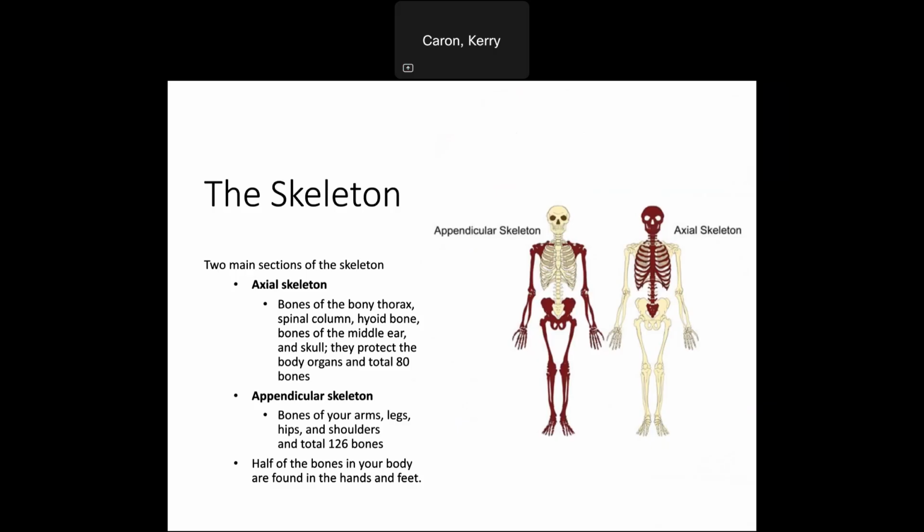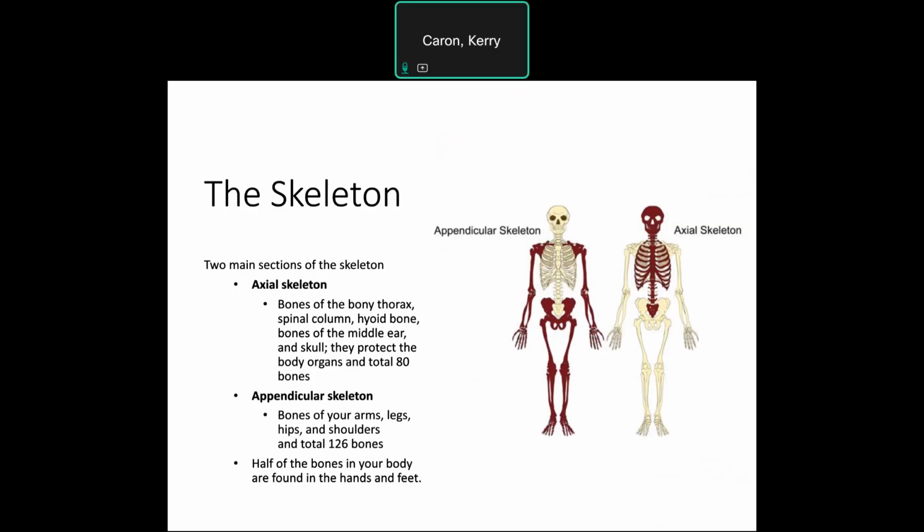Okay, this is an important concept for you to understand. We have what we call the axial skeleton and the appendicular skeleton. So think appendages for appendicular. Appendicular are your arms, your legs, your hips, and your shoulders. They are 126 bones.